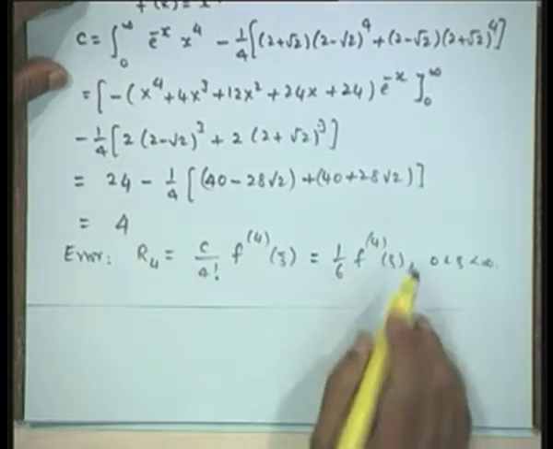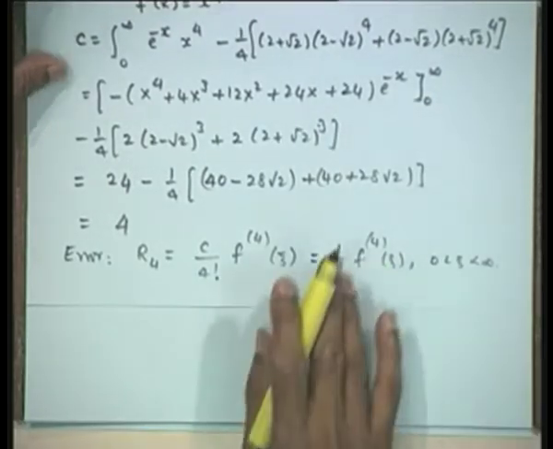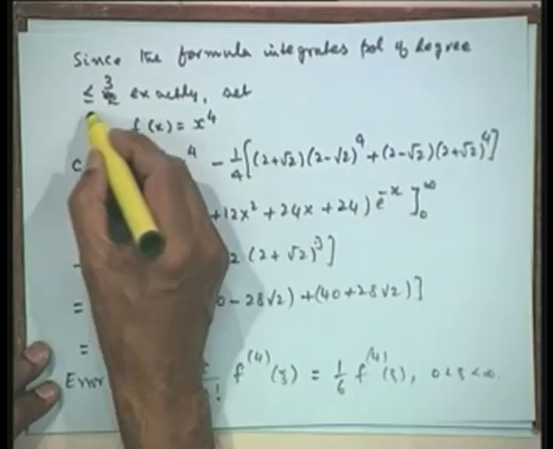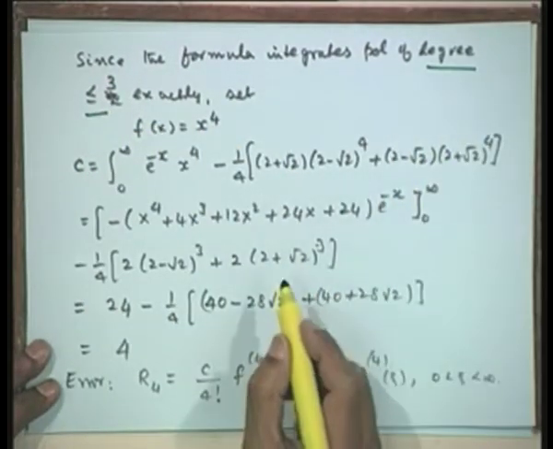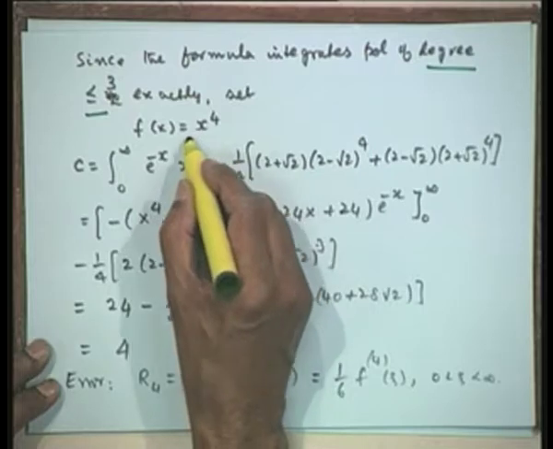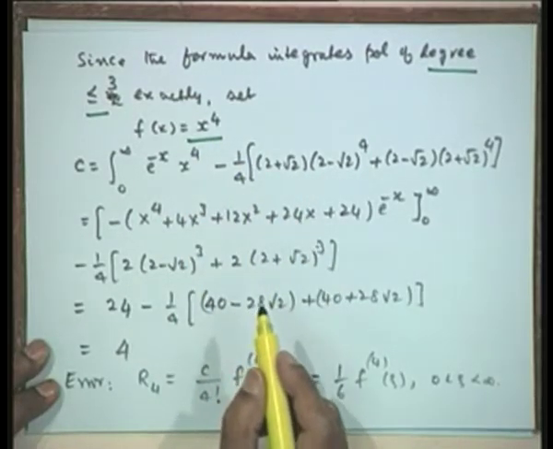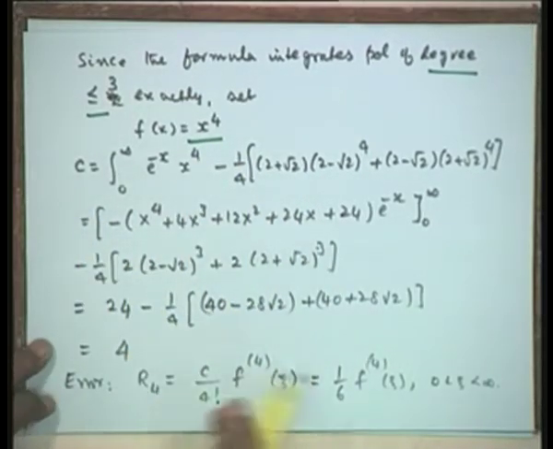Therefore, this is how the error can be obtained for any particular formula. So the main thing is, once you find the order of the formula correctly, I can immediately use the next power of x as the required function f x, find the error constant, and then write finally the error of this formula.